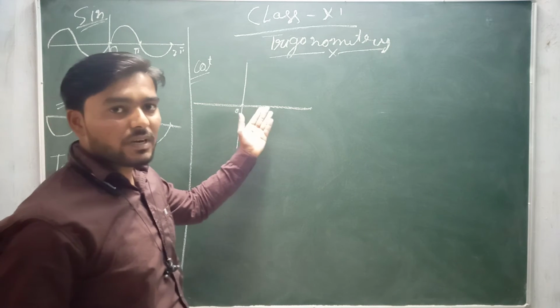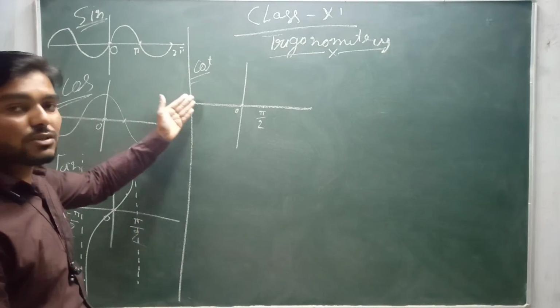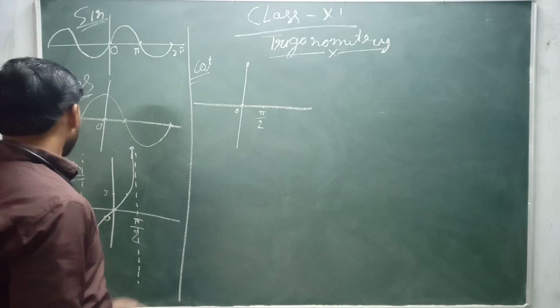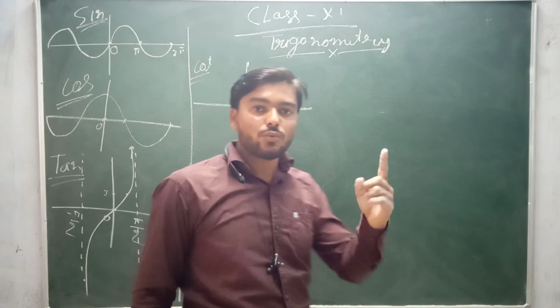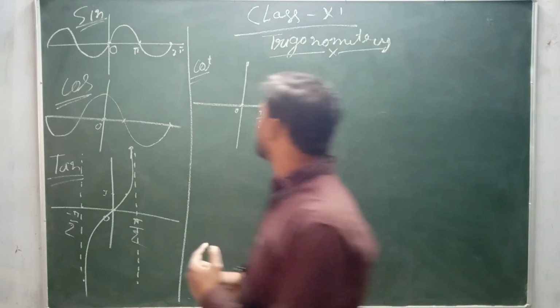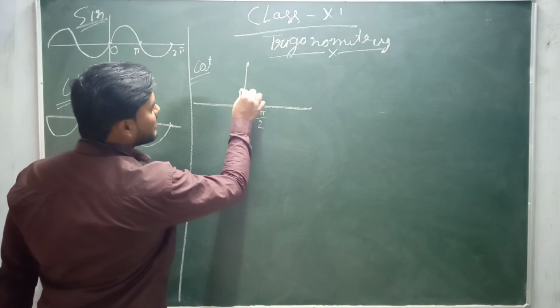Tan 0 value is 0. Then cot will be the reciprocal of tan. Tan 0 value 0, cot 0 value will be infinite. Tan 45 value 1, cot 45 value is the reciprocal, 1. It will be something like this.